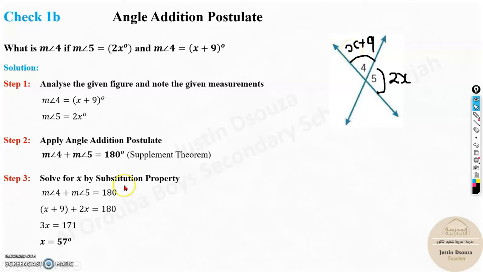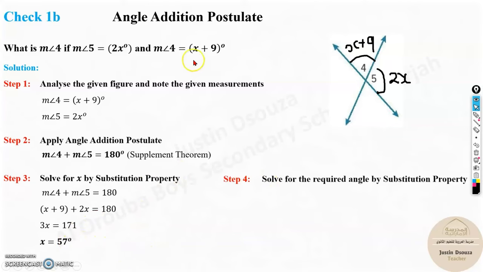Now, how do you find the measure of angle 4? Put this x value back in the given x plus 9, and then find the measure of angle 4. Sometimes what happens is you will start solving, you will get the value of x, and you think that's the final answer. No, this is not.